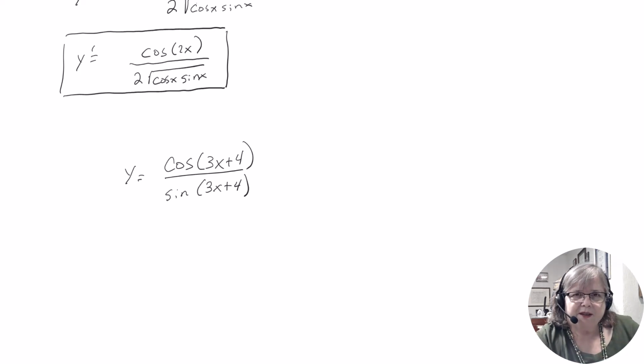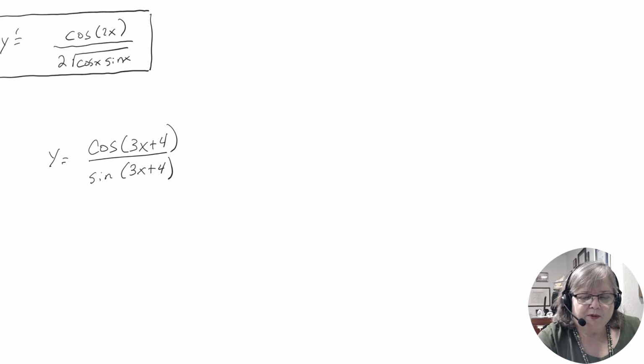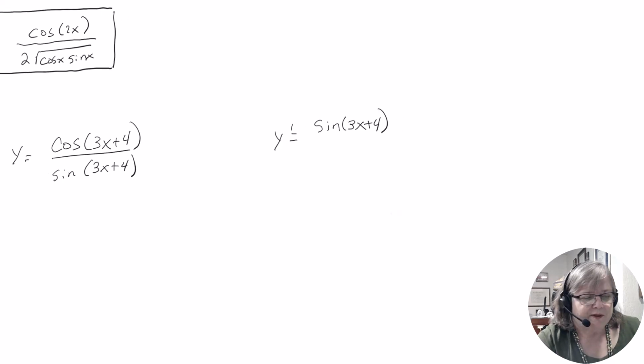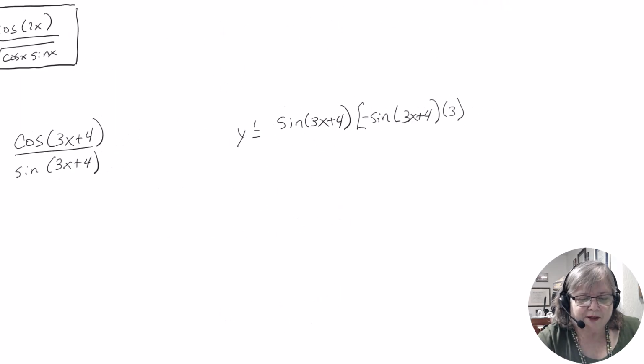Now, if you leave it in this state, you're going to do the quotient rule, and it would look like y prime is the bottom times the derivative of the top. And the derivative of cosine of 3x, you take the derivative of the outside, leaving the inside alone. Loop back in and take the derivative of the inside. Now that's just the first part.